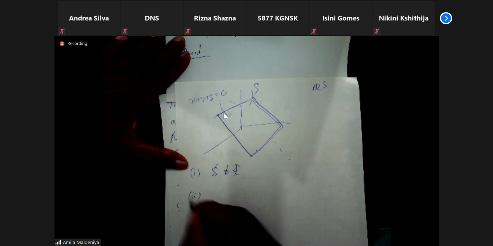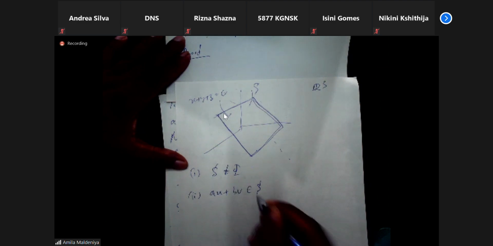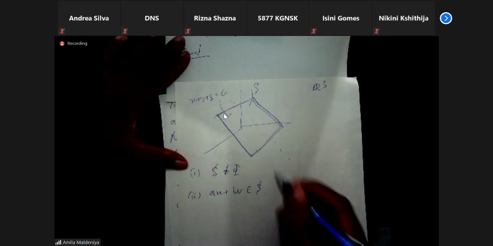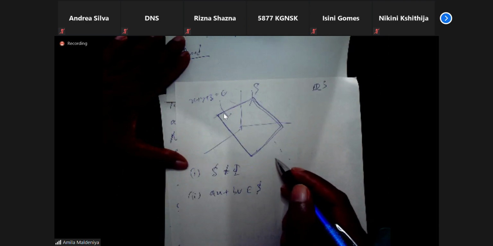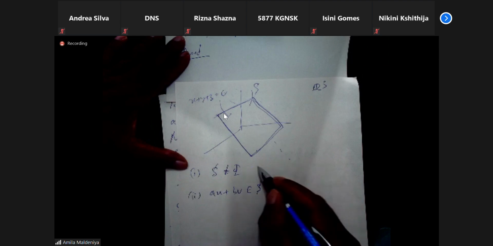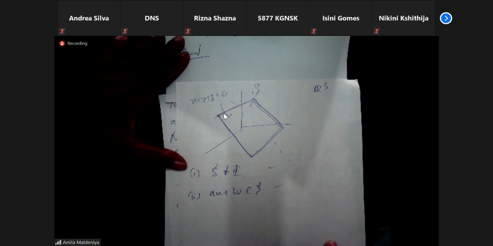Second, aU plus bV is an element of S. That's all. Otherwise, you have to prove all the 10 axioms. Here a, b are reals, and U and V are elements in S.